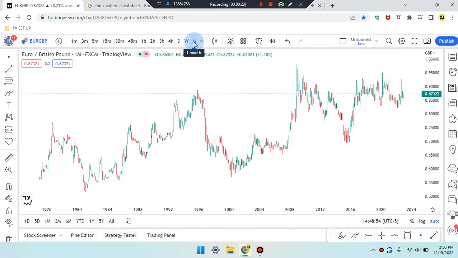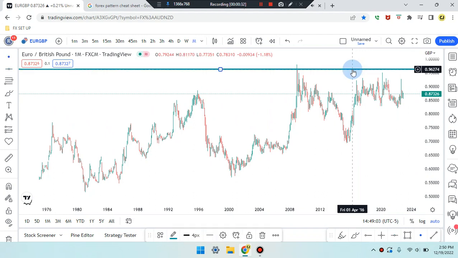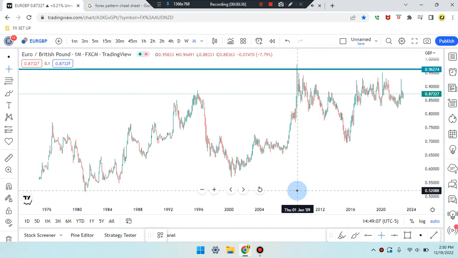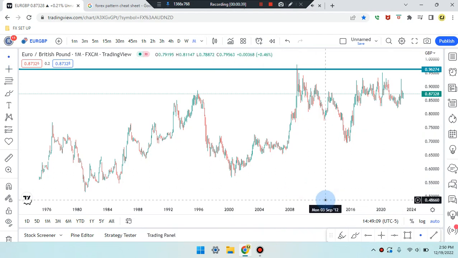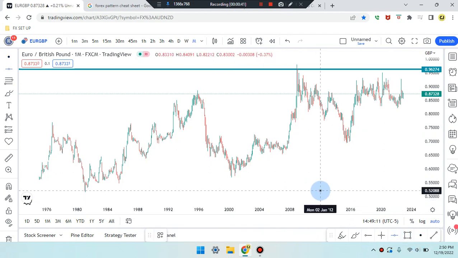We are on the monthly time frame. Price action, last candle to the right-hand side is a bullish candle. We do have price action overall, higher highs. Price action overall, lower lows.